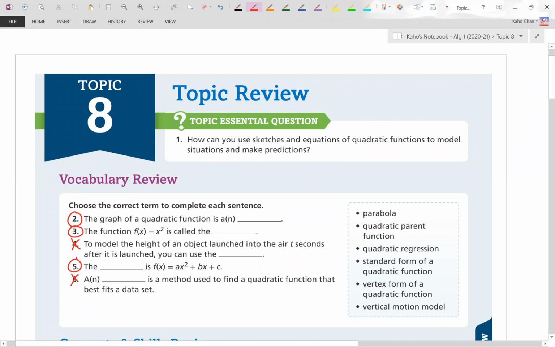All right, here we go. The graph of a quadratic function is a blank. In this case, it's definitely a parabola. Let's jot that down. Number 3, the function f of x equals x squared is called the quadratic parent function. Awesome.